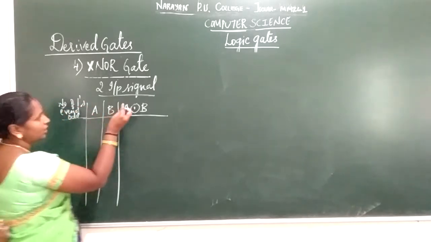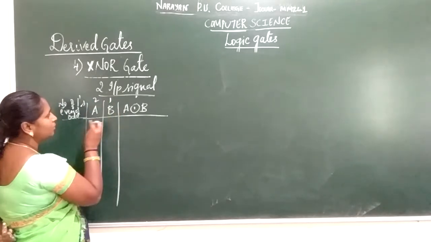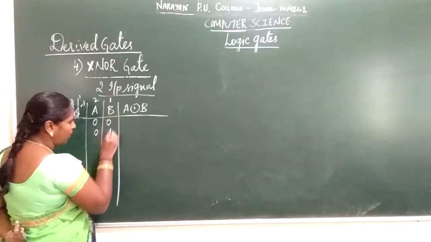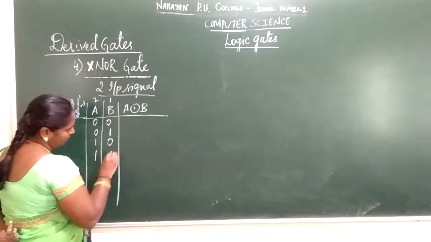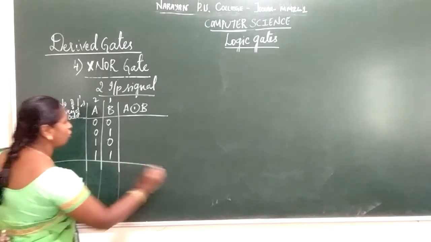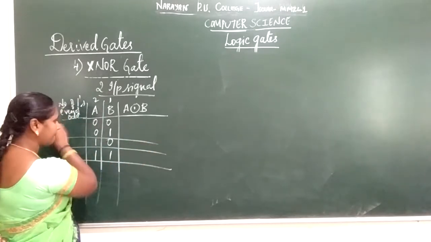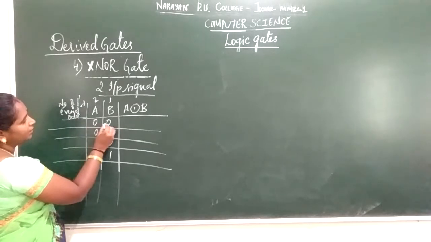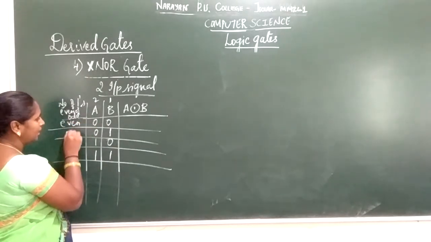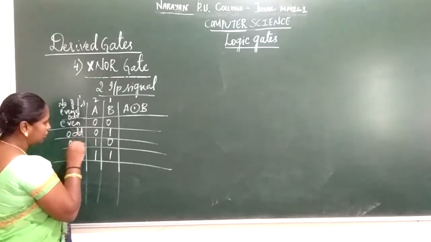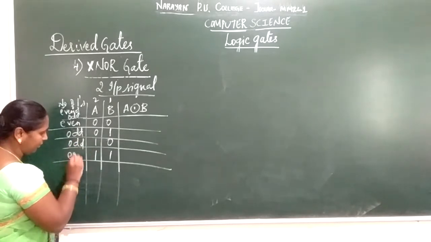For two inputs, the possible combinations are 0 0, 0 1, 1 0, 1 1. So here it is even, here it is odd, here also odd, and here it is even.